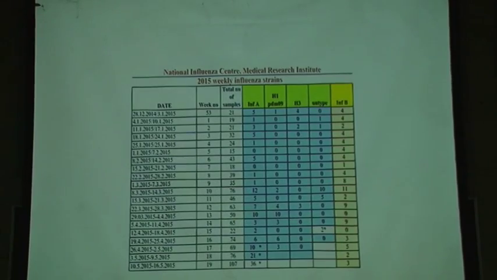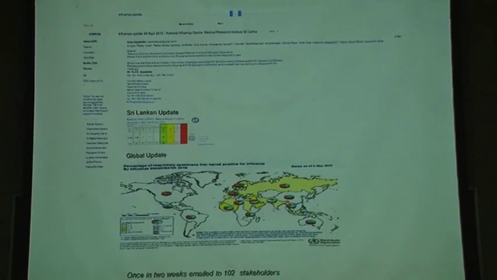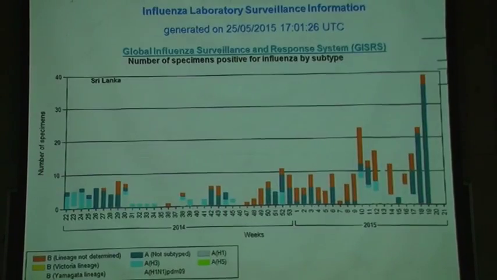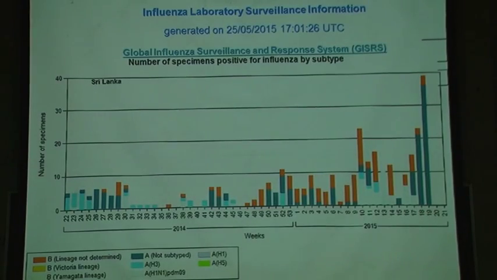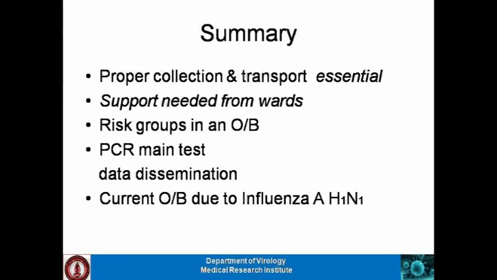We are disseminating our data, posting it to our website, and I am emailing 102 influenza stakeholders, and every Thursday we update our global influenza website. In summary, proper collection and transport is essential, and we need the support of ward staff, clinical staff, and sometimes OPD staff to make this effort a success.